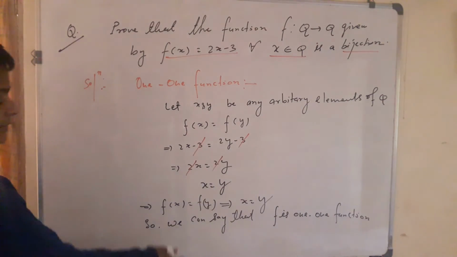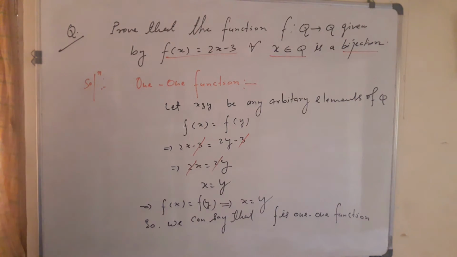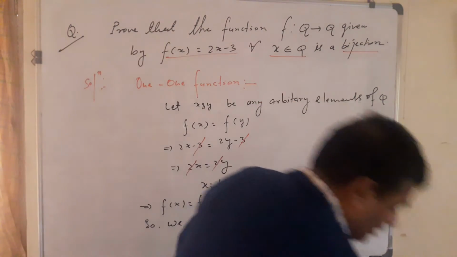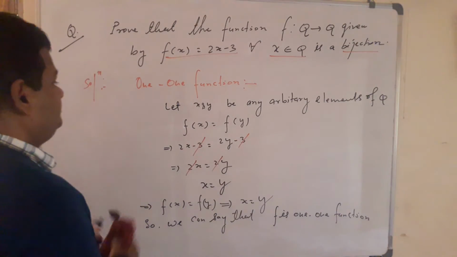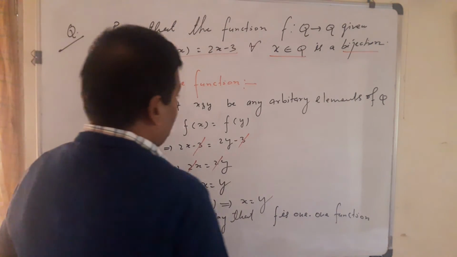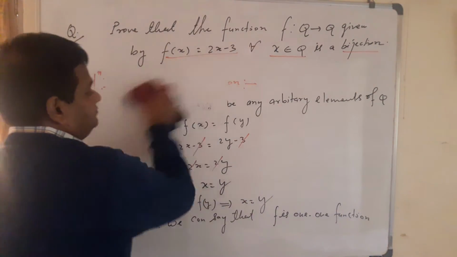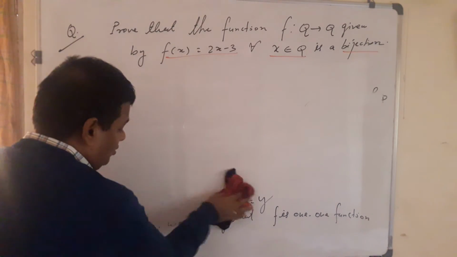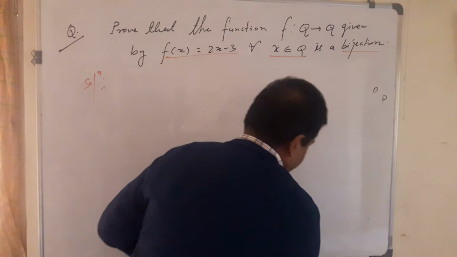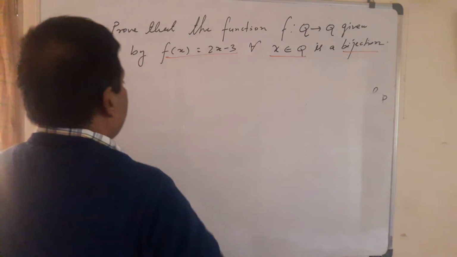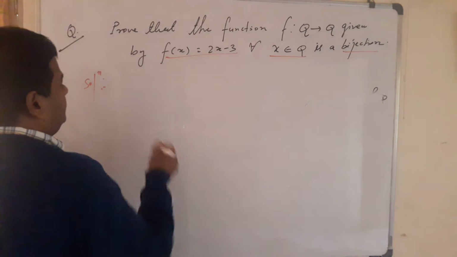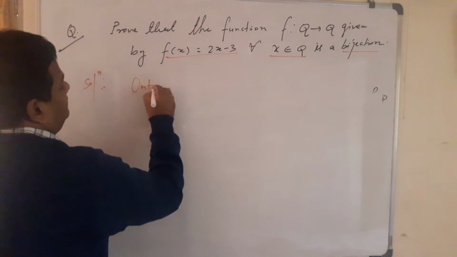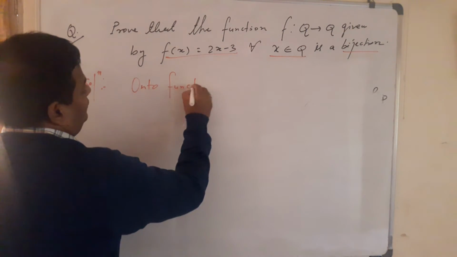Now we have already proved f is a one-one function. Now we have to prove that it is an onto function. So now we have to prove onto function.